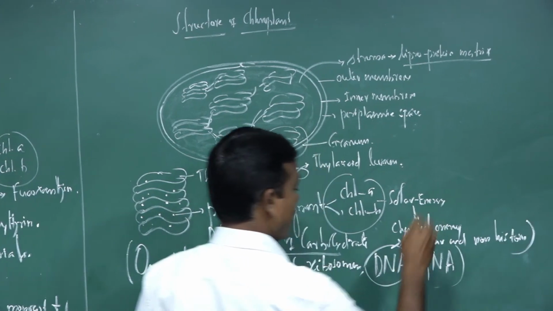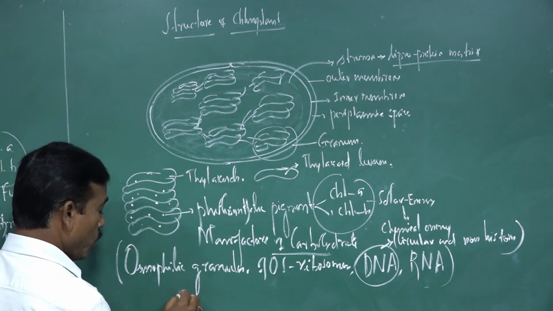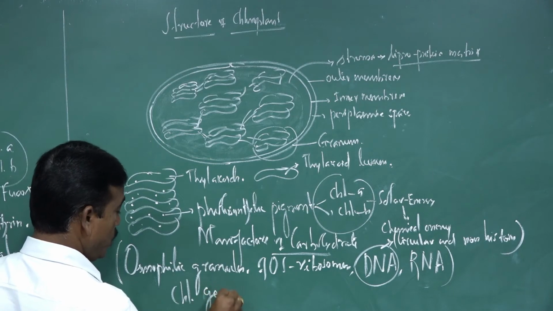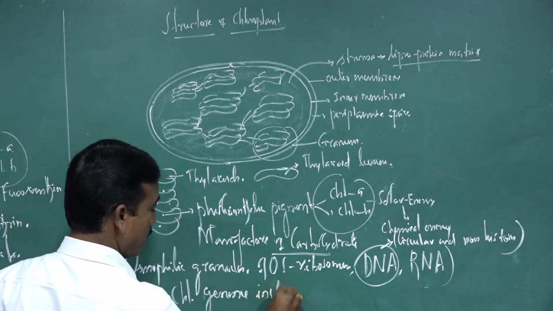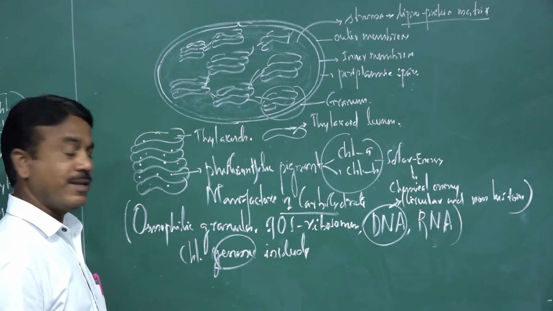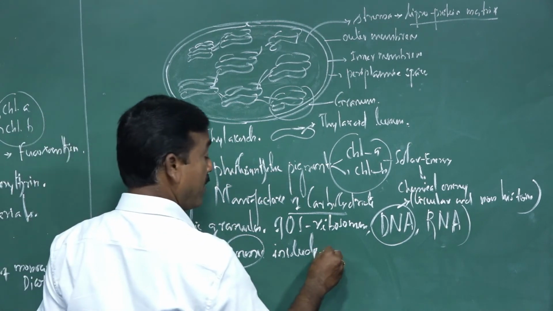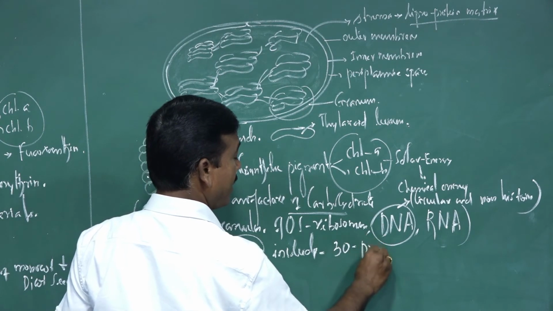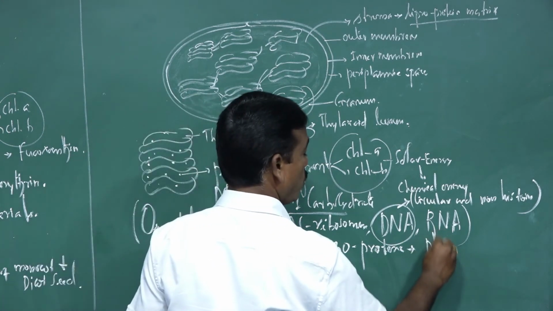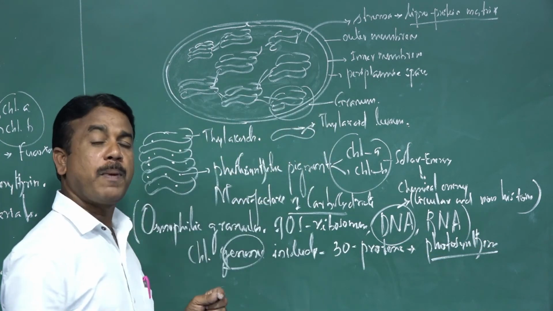The chloroplast genome includes... So what is the meaning of genome? The totality of DNAs which occur in the cell is commonly called the genome.